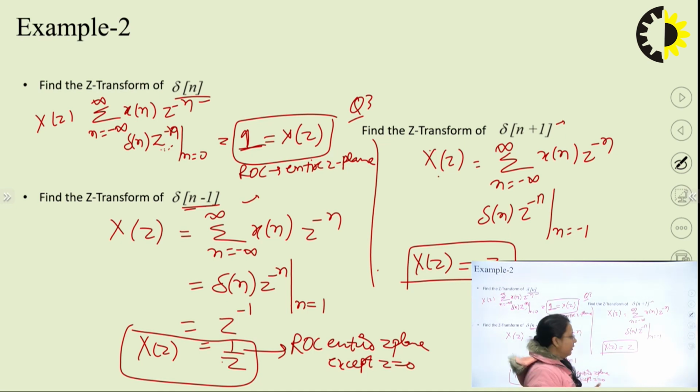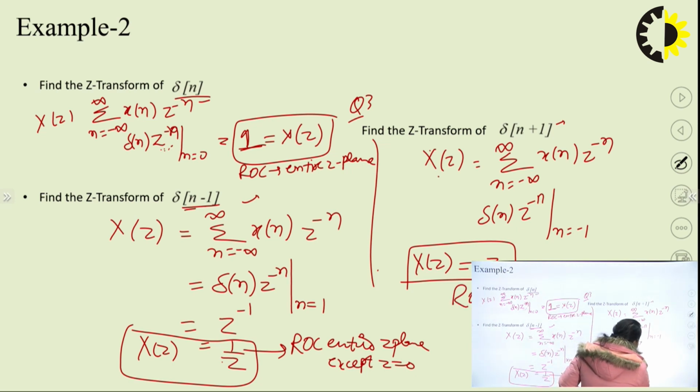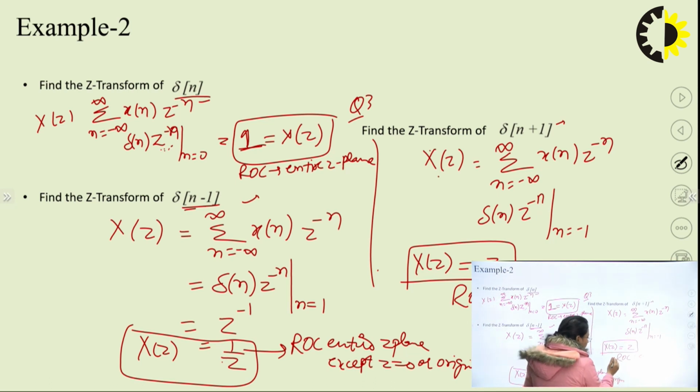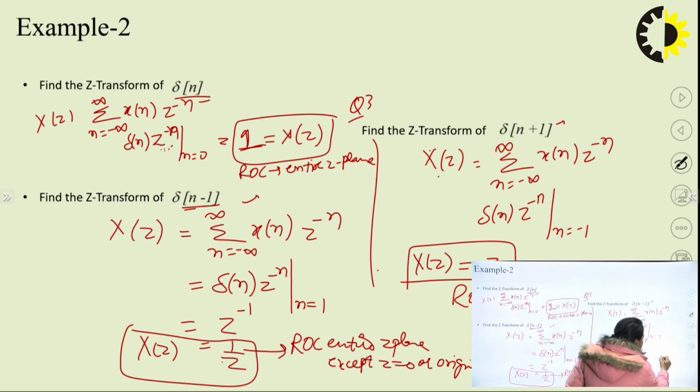Now there is a zero at origin. So the ROC will be the entire z plane except z equals infinity, because there is a zero at origin. We can say except z equals 0 or except origin, and I can say entire z plane except infinity.